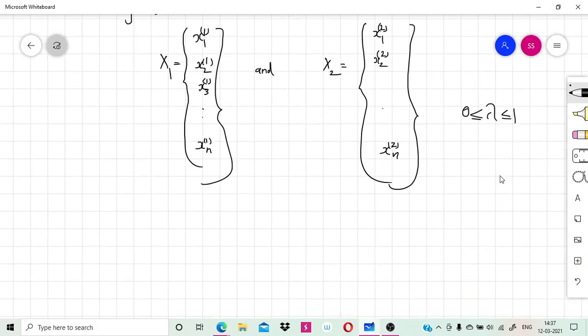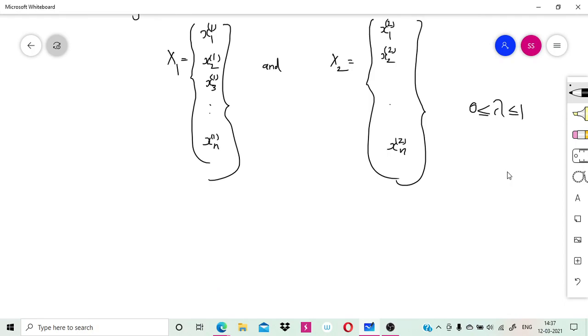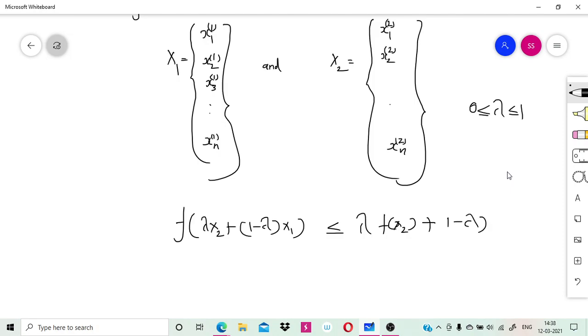So the function f of x is said to be a convex function if f of lambda x2 plus 1 minus lambda x1 is less than or equal to lambda times f of x2 plus 1 minus lambda times f of x1.